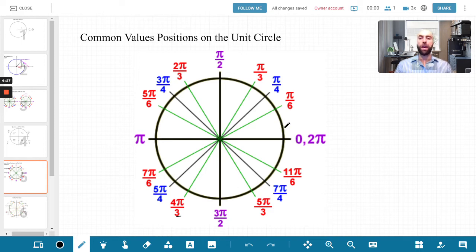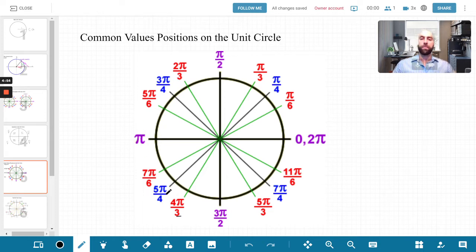And each of these halves you can divide into sixths and fourths. The sixths are shown in red as well as purple. So we have 0, pi over 6, pi over 3, pi over 2, which is 3 pi over 6, 2 pi over 3, which is 4 pi over 6, and 5 pi over 6, and pi.